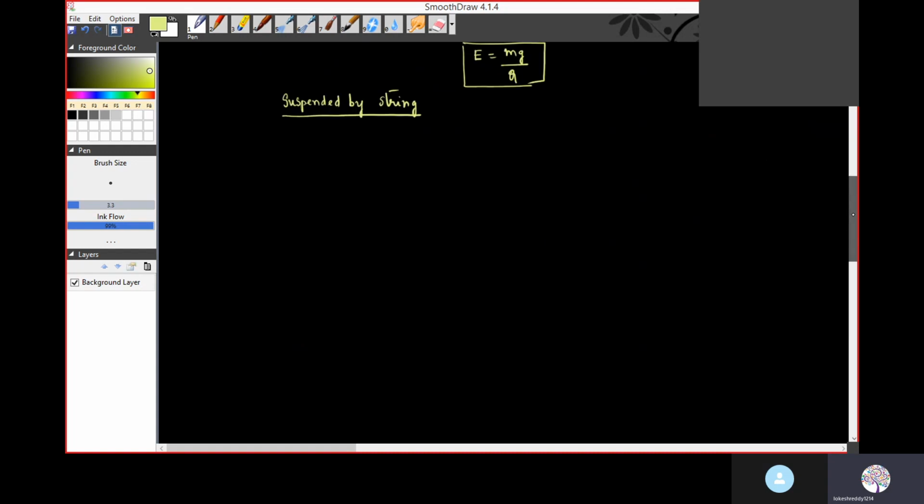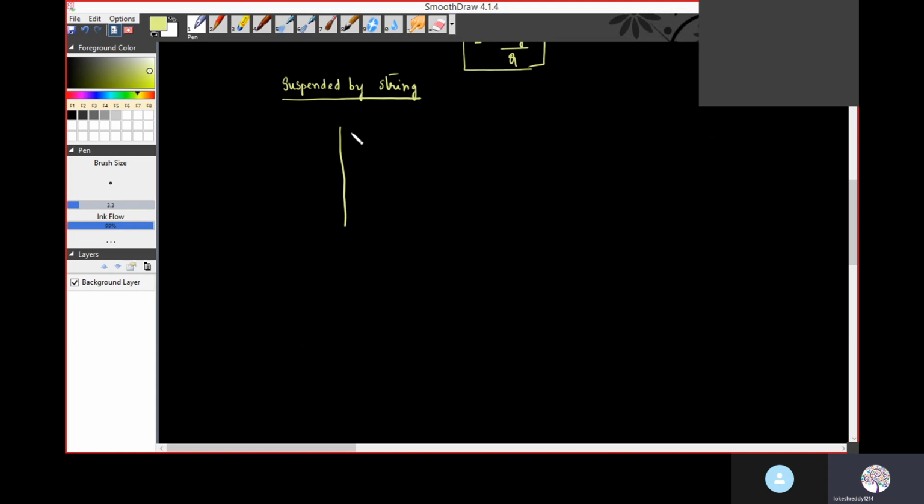Here we can write this case. Say you have a positively charged, uniformly charged rod, and then you suspend one positively charged particle. Let us take this charge as plus q. Then this is in equilibrium.